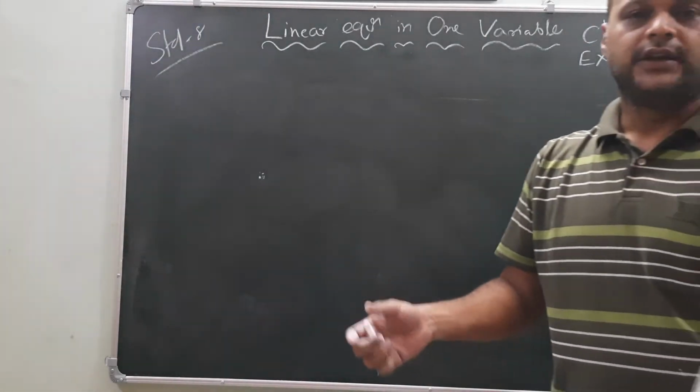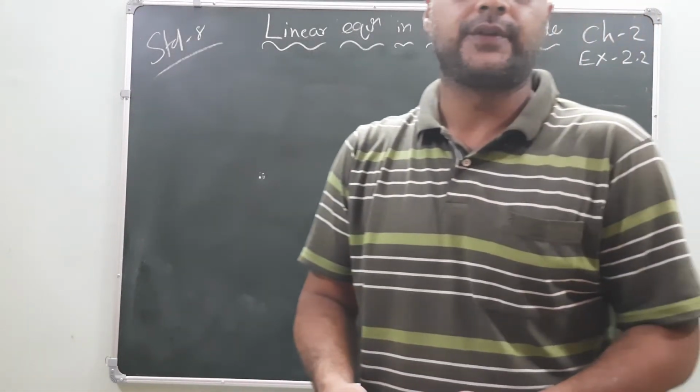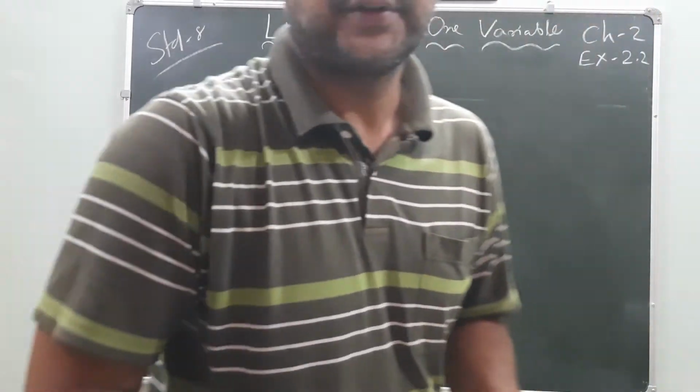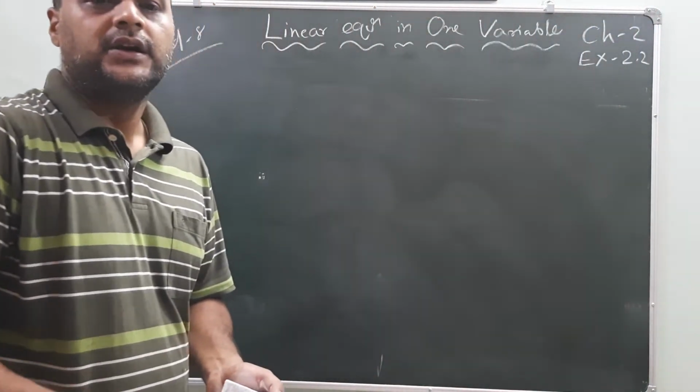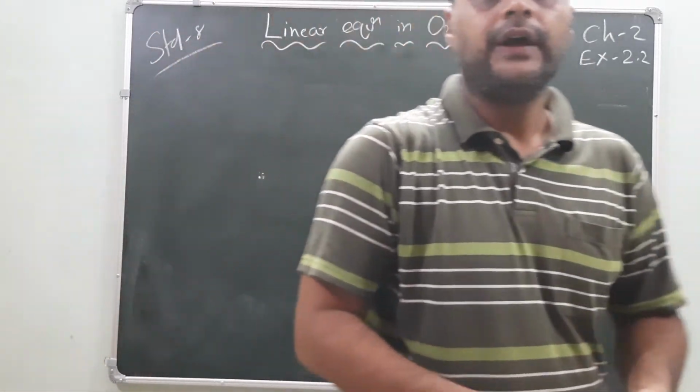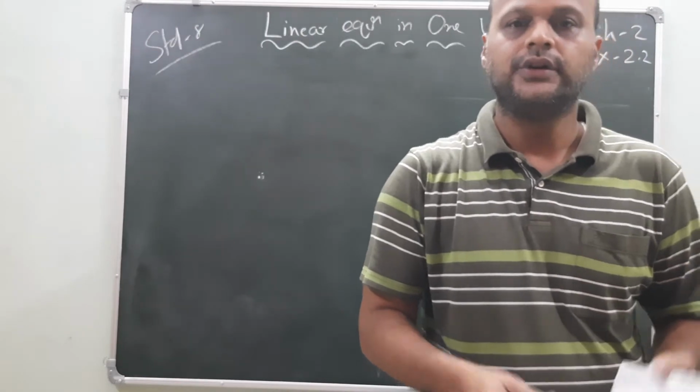In your question, it is given here that the sum of 3 consecutive multiples of 11 is equal to 363.